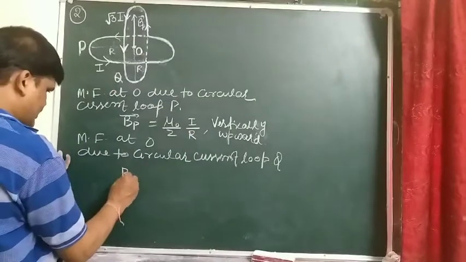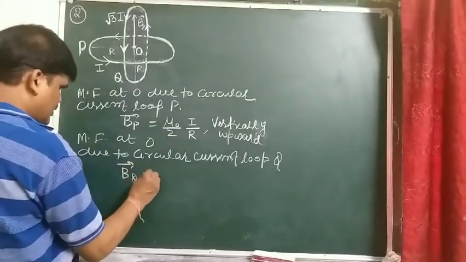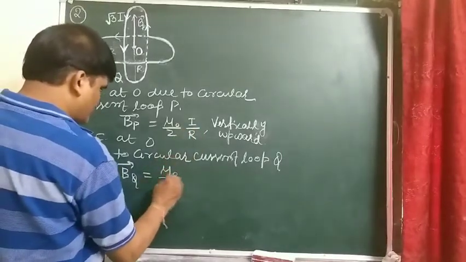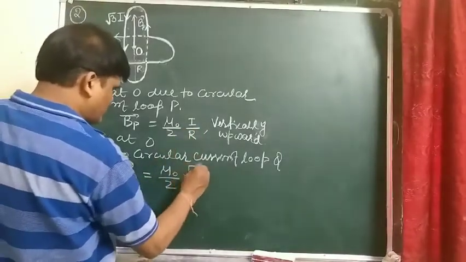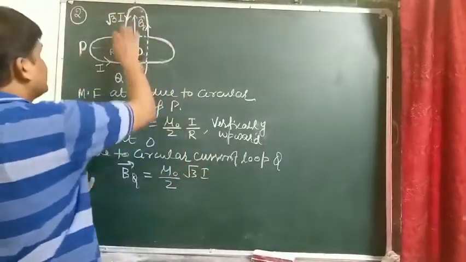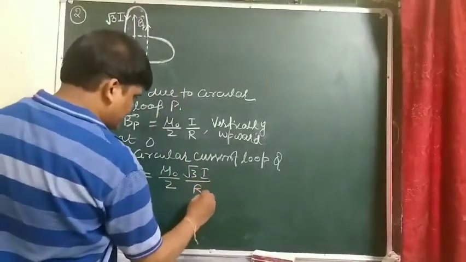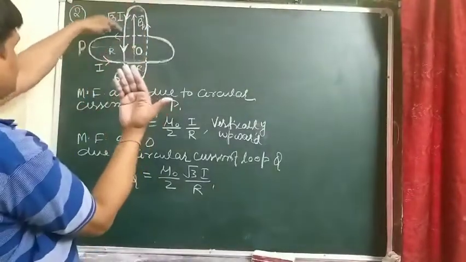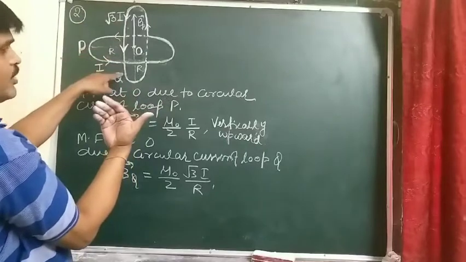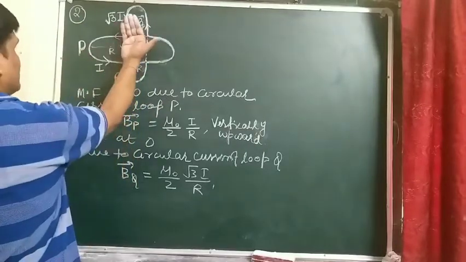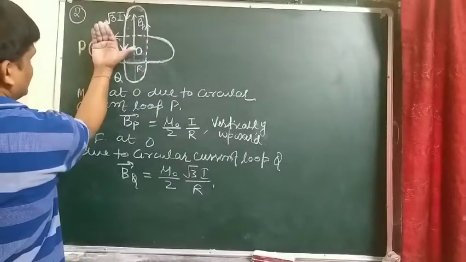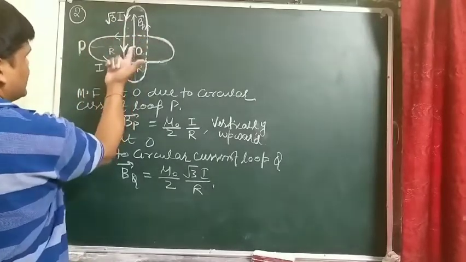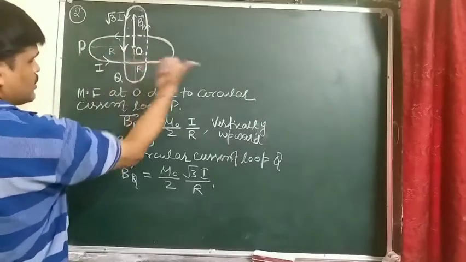In the same way, BQ has the same formula, mu naught by 2, but the current is root 3I, with the same radius. Students, see the diagram. Current is flowing in this circular loop Q in this manner, so the direction of magnetic field at the center of the loop is horizontal.